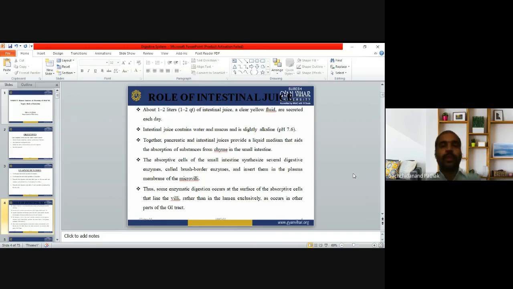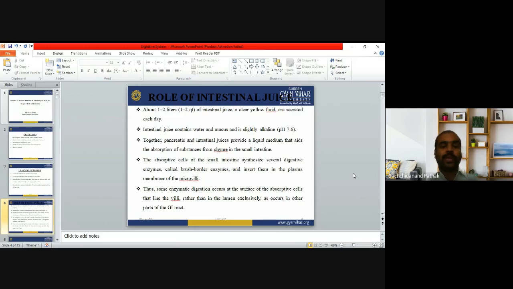Together, pancreatic and intestinal juice provide a liquid medium that aids the absorption of substances from the chyme in the small intestine. The pancreas also secretes pancreatic enzymes into the duodenum. So the pancreatic juice mixes with the intestinal juice and provides a liquid medium that helps in the absorption of substances.